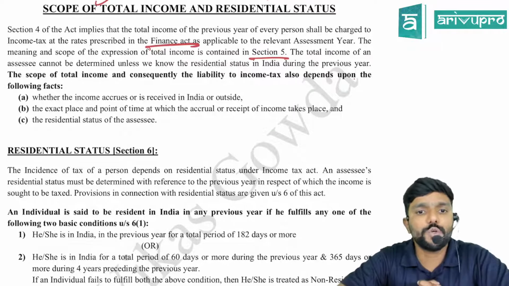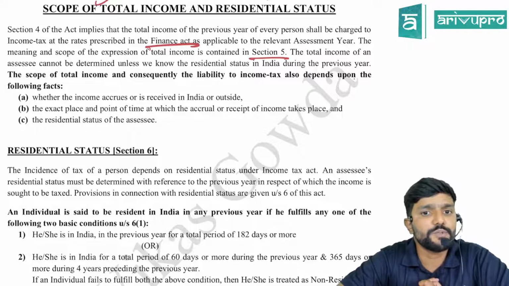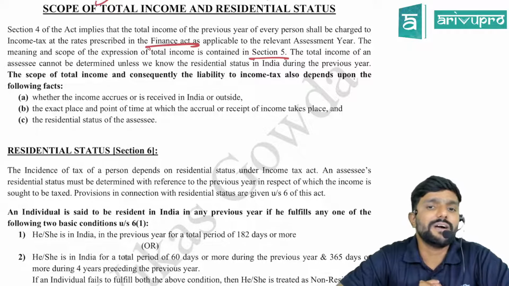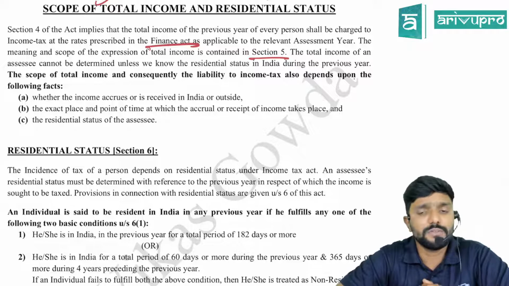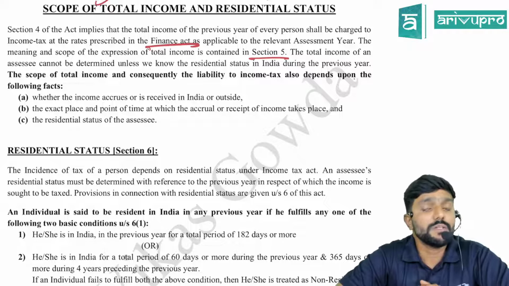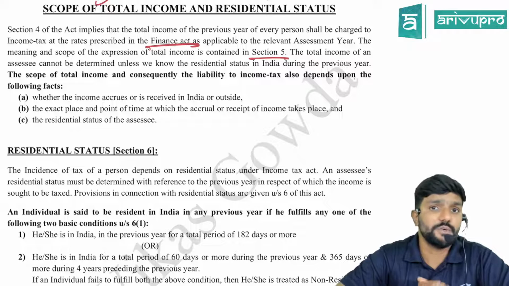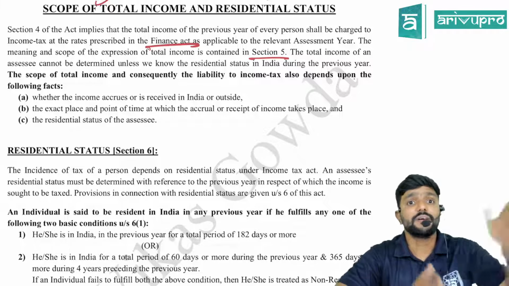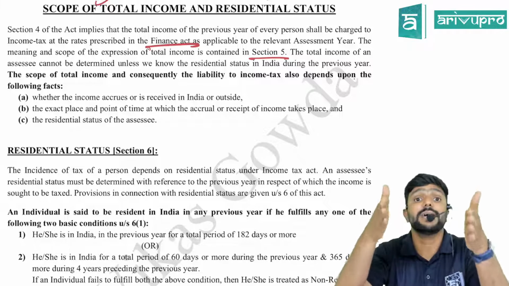The scope of total income and consequently the liability to income tax also depends upon the following facts. Whether the income accrues, that means earned, or is received in India or outside. It means where you have earned the income, where you have received it, that is also important. Then the exact place and point of time at which accrual or receipt of income takes place, that is, where did you earn it, and when was it earned or received, during the previous year or the past, because we target only the income which is earned in the current year.